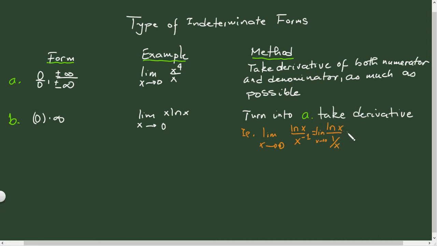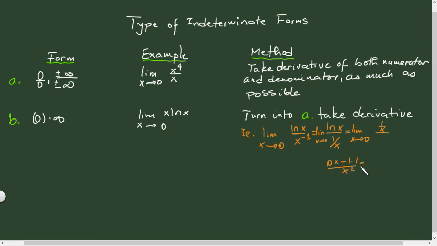The limit when x tends to 0, and the derivative of log of x is 1 over x. Then the derivative of the denominator, using the quotient rule, is: the derivative of the denominator is 0, minus the derivative of the numerator, which is 1, times the numerator, over x to the power of 2.